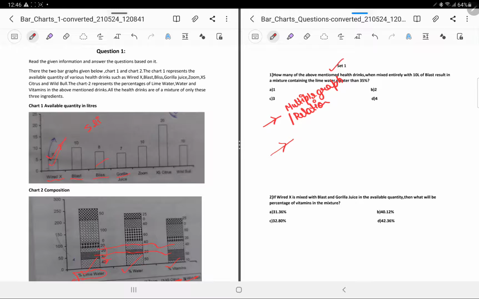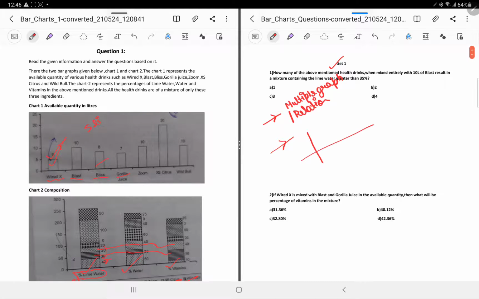For example, for Wired X drink, they could have said that lime water is 40, water is 50, vitamin is 10.